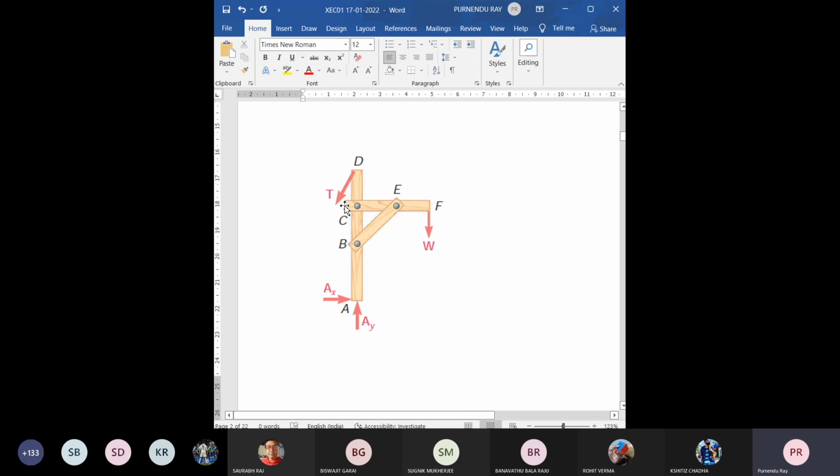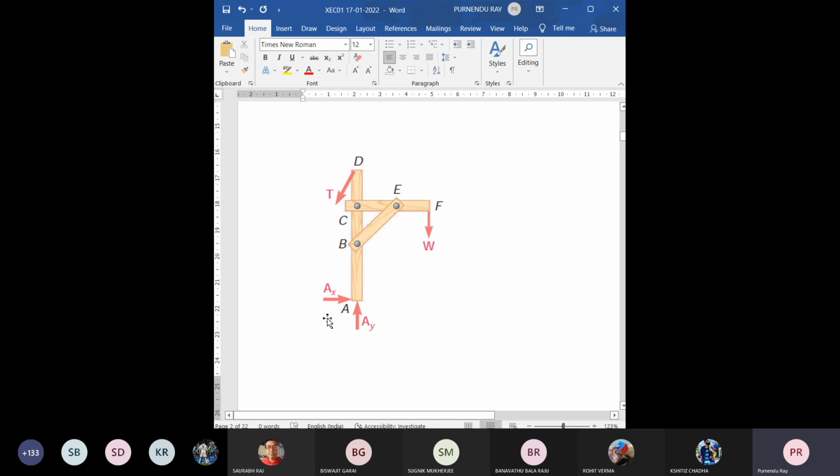And when it is there, definitely it will provide some horizontal component and it will play a very important role in the equilibrium equation sigma fx = 0, the algebraic summation of components of all forces along the x direction is equal to 0. So logically that also you can build up.